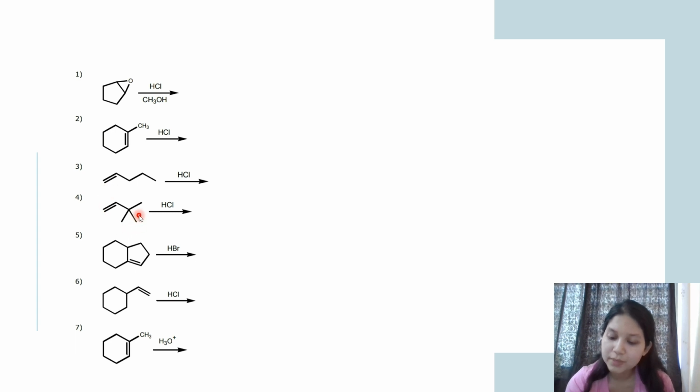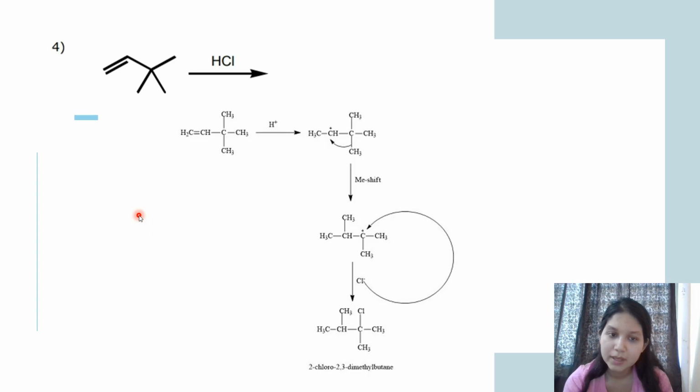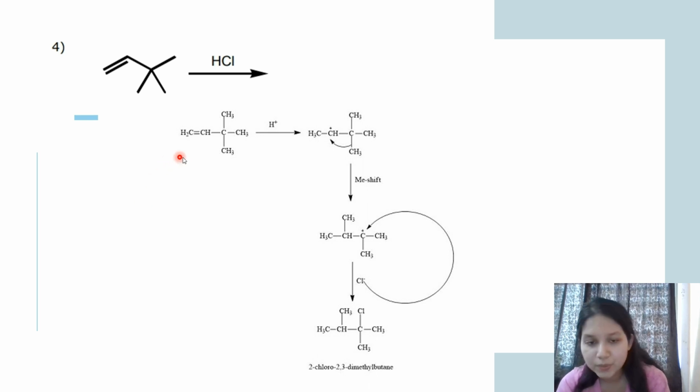Like the other two examples solved earlier, you can approach in a similar way. The double bond will first attack the hydrogen, the proton of HCl. Then you get a secondary carbocation.